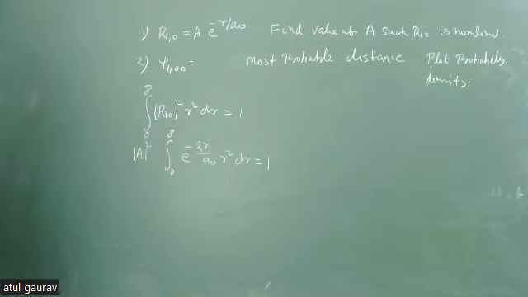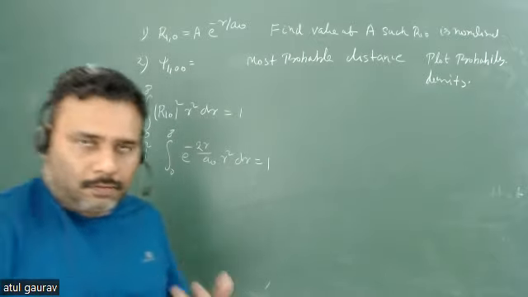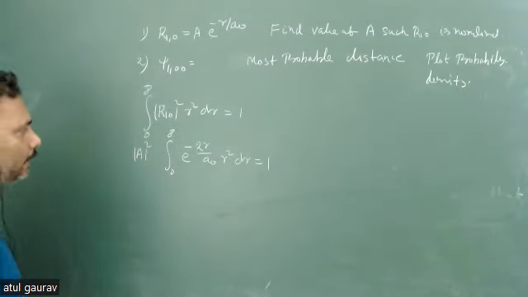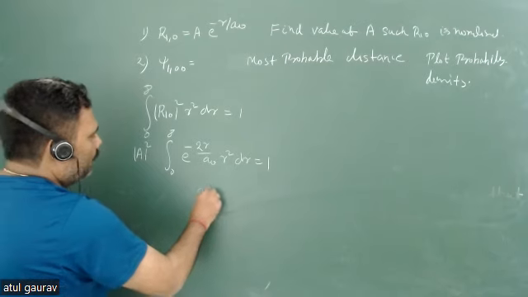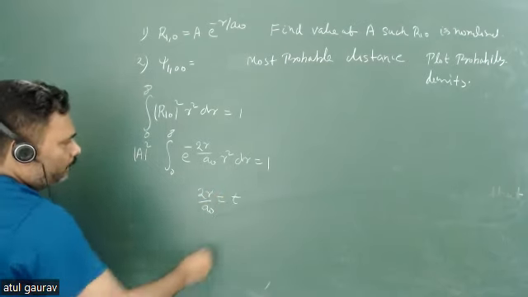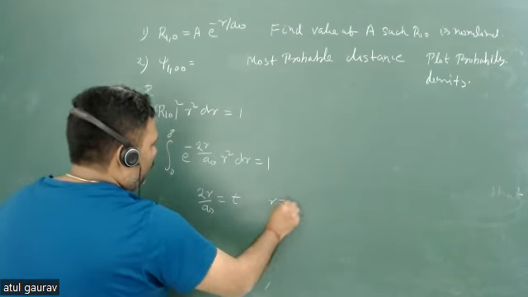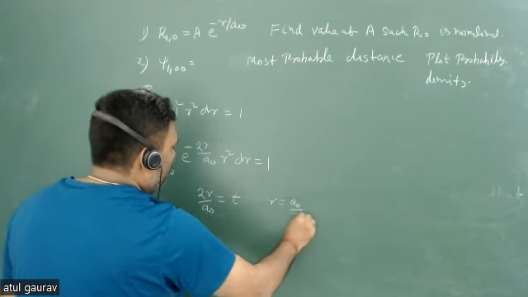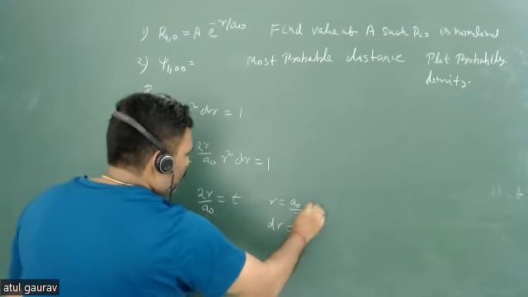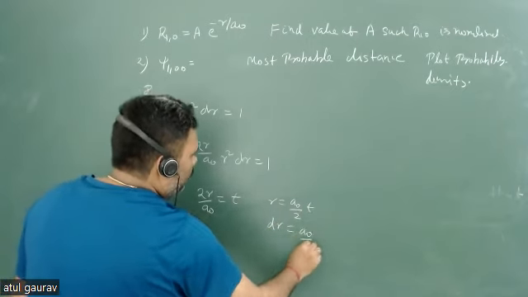You can use the gamma integral, है ना? एक मैं करके दिखा देता हूं, फिर नेक्स्ट सारे प्रॉब्लम को हम लोग डायरेक्ट लिखेंगे, है ना? What you will do? You will just write 2r upon a naught is equal to t. So what is your r? r is equal to a naught by 2 t. Then what is your dr? a naught by 2 dt.